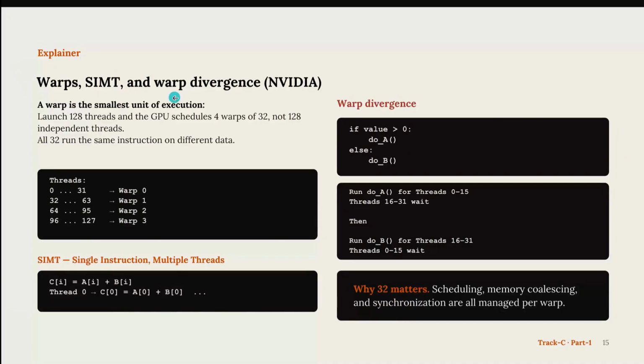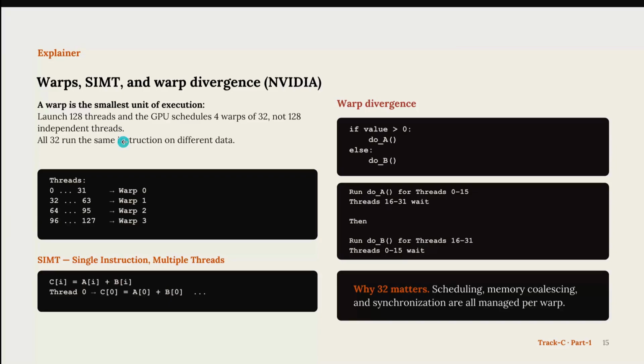It's called a warp, a collection of 32 threads that are executed together. Imagine you have 128 threads coming in, and there are 4 warps that each handle 32 threads. Not 128 independent threads, but 32 of them run the same instruction on the same data. That's how the parallel processing happens.